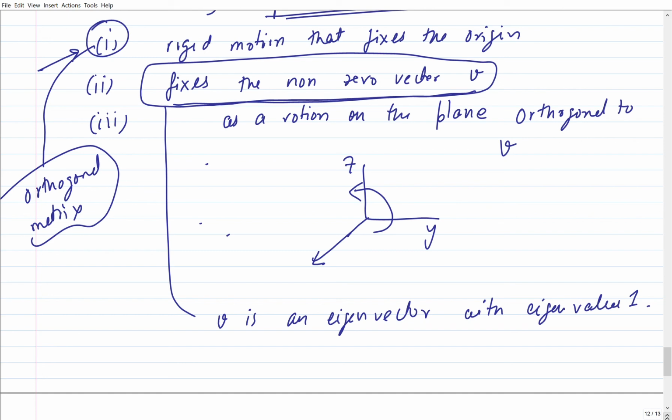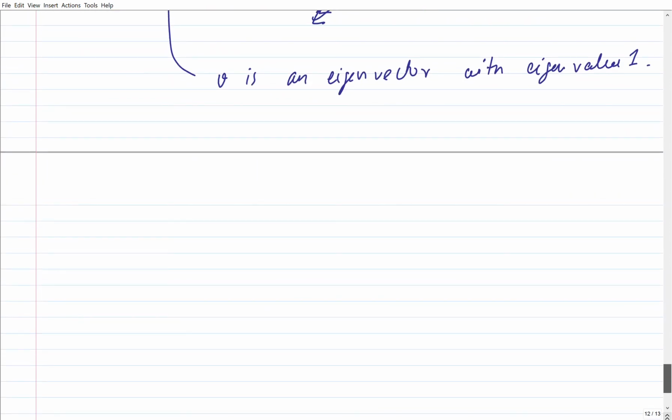And condition 3 says nothing but that once we have fixed the axis, this operator is a rotation about this axis. So how do we prove that V is an eigenvector with eigenvalue 1? We just prove that any element of SO3 has eigenvalue 1. And the proof is rather simple.